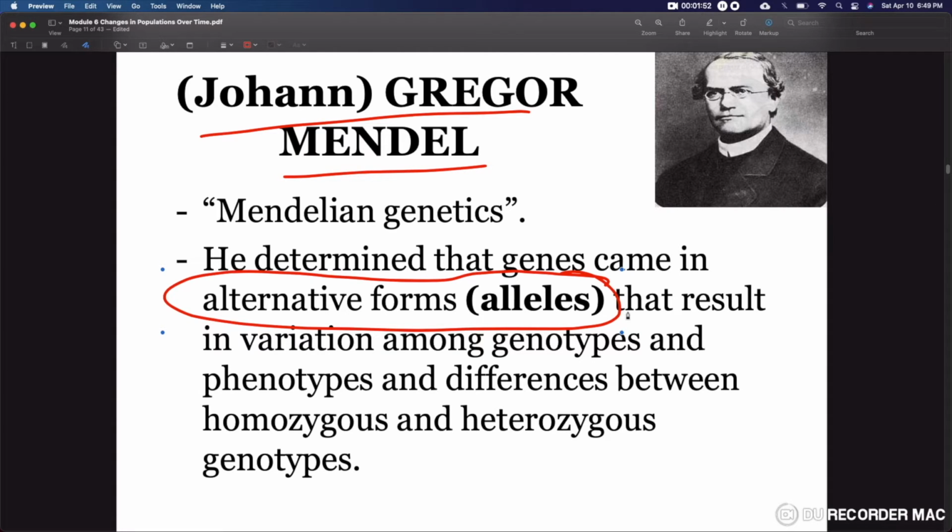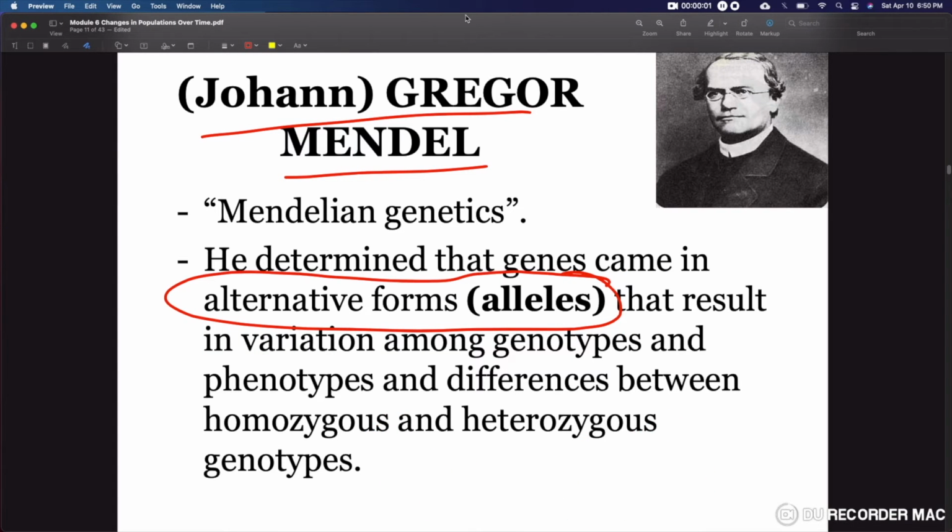So it was weird that he was able to predict that there was this unit of heredity that was passed between us. And that these units of heredity, these genes, have these alternative forms that may code for this character, the black character, the white character, the purple and the white character, those different characters.